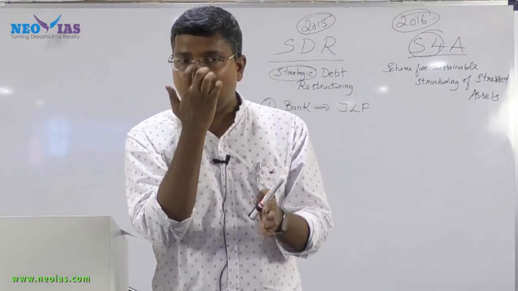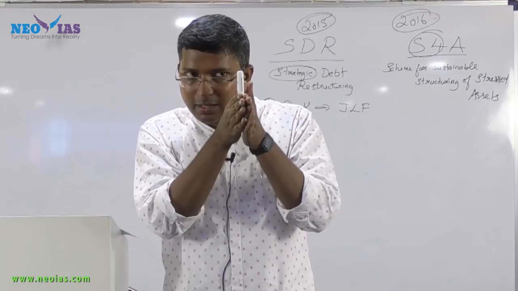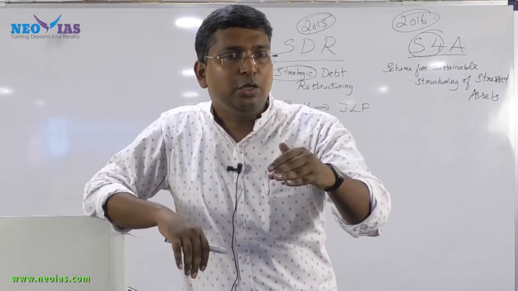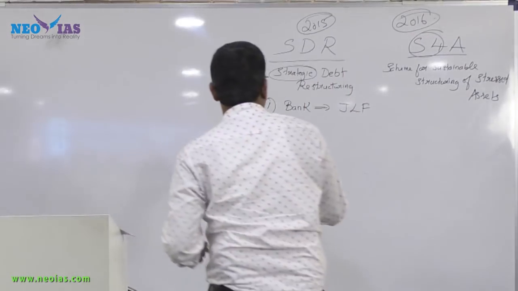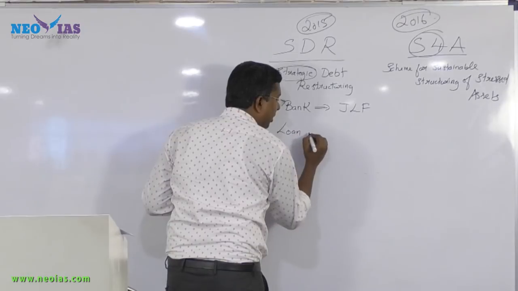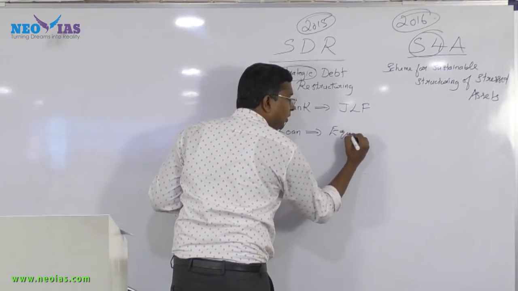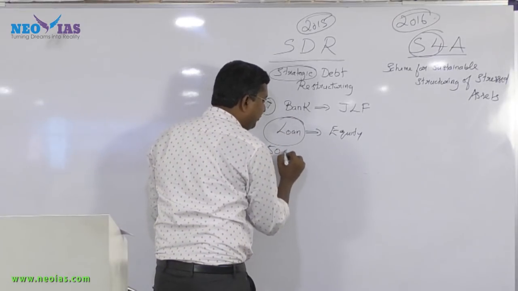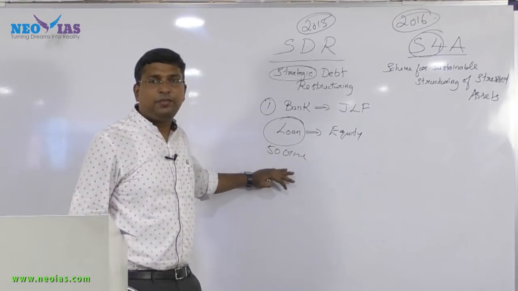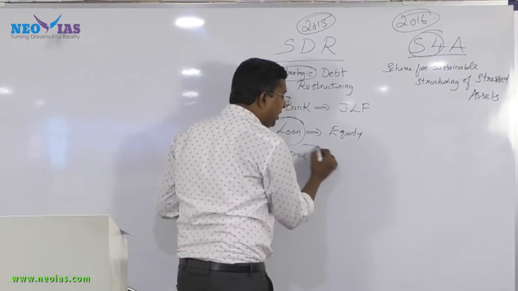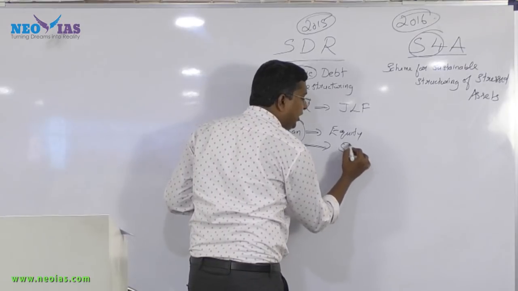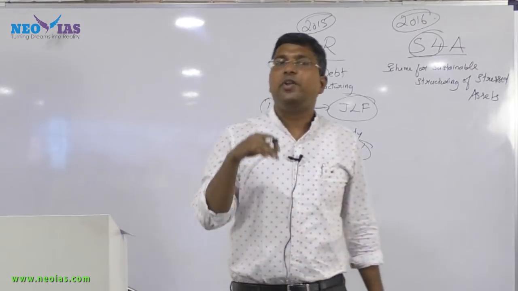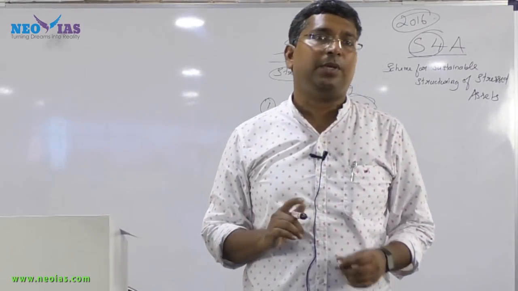The loan which a bank has given to a company will be converted to equity. Suppose the loan is 50 crore. This 50 crore will be converted to equity, and it will ensure that the joint lenders forum, the group of banks, will have managerial control over that company.